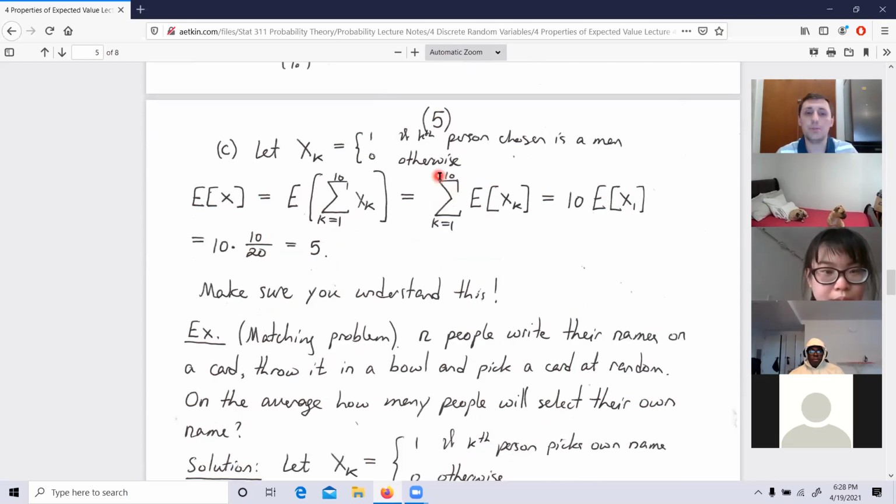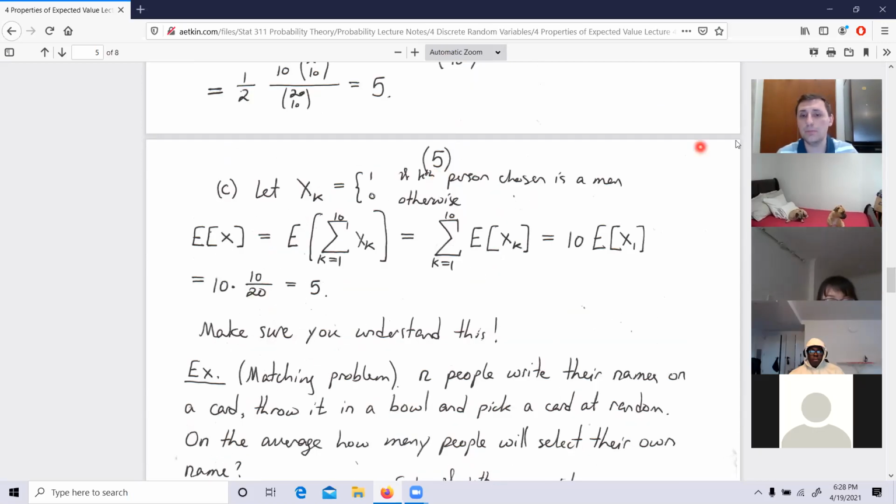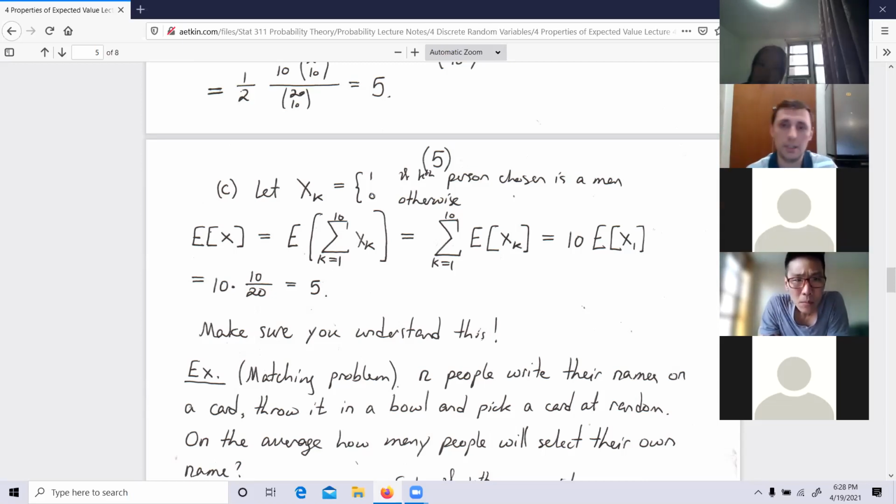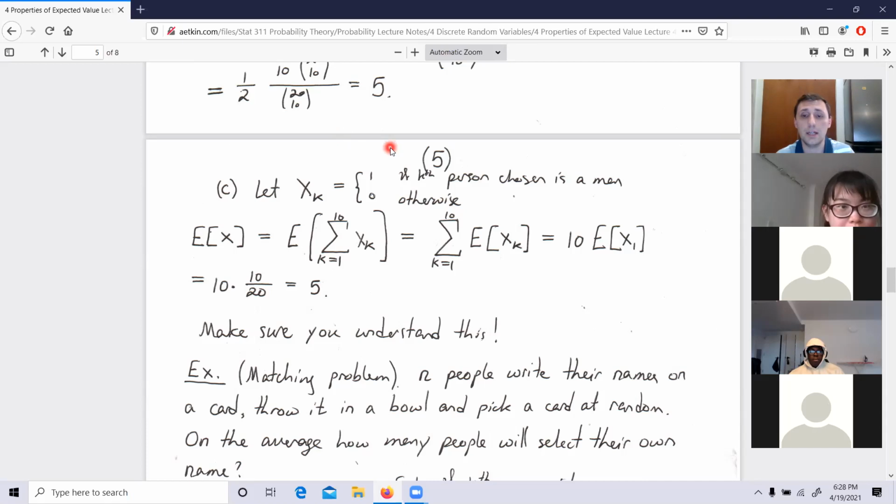So here is a matching problem, guys. Remember the matching problem. You have n gentlemen, and each of them has a hat, and they pick their hats at random. We asked for the probability that not a single one of them picks his own hat. Now I'm interested in the average number of hats that those people will pick that are their own.